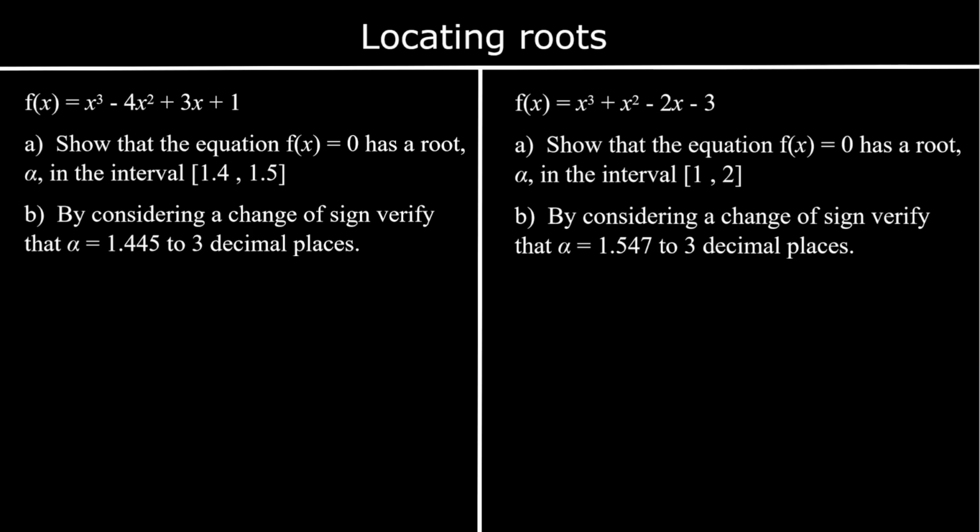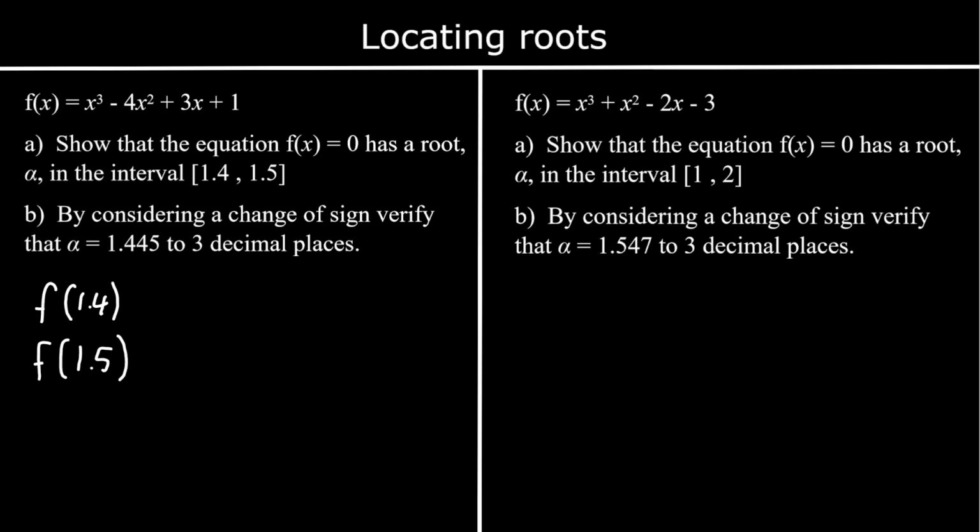And this question says, show that the equation f of x equals 0 has a root, alpha, in the interval between 1.4 and 1.5. So if we do f of 1.4 and f of 1.5, because they're on either side of the root, one should be positive and one should be negative.